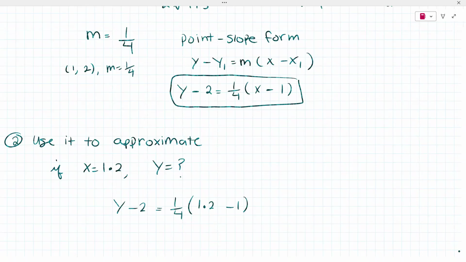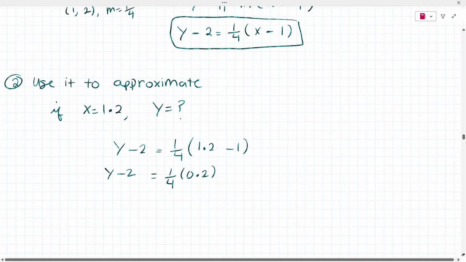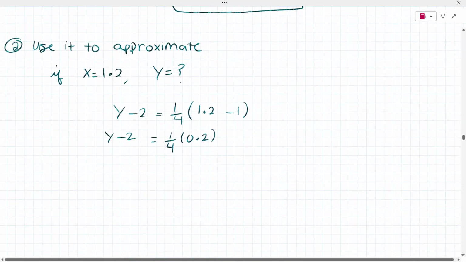So this is going to be 1/4, and then 1.2 minus 1 is 0.2. And then you have y minus 2, and you go ahead and solve for y.